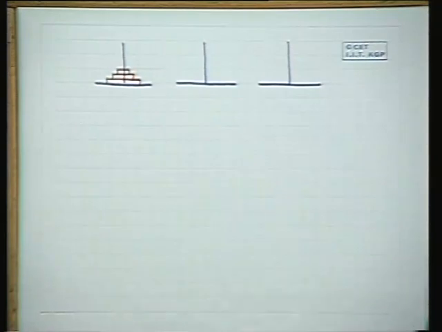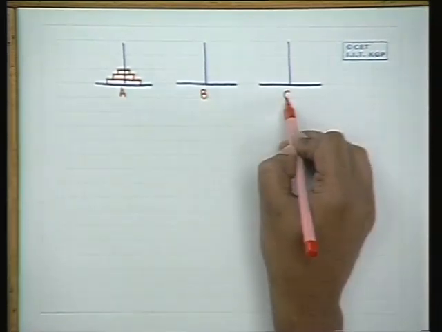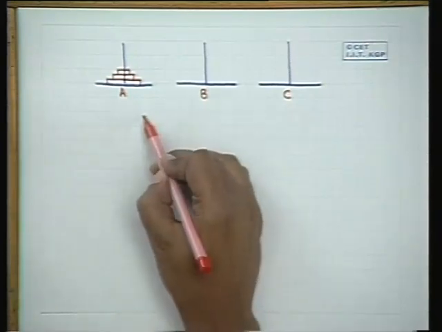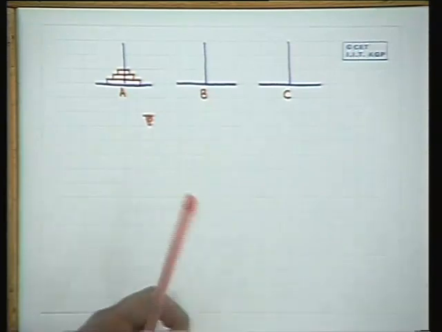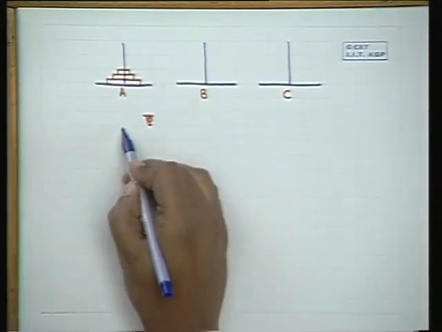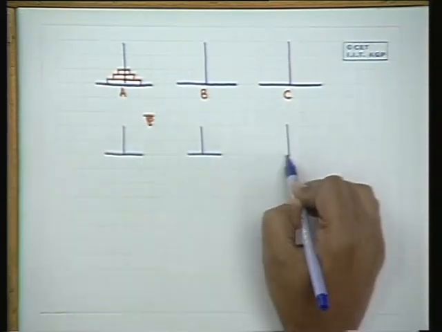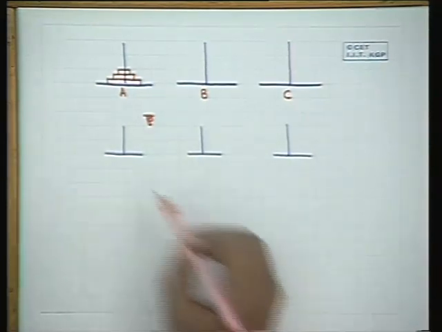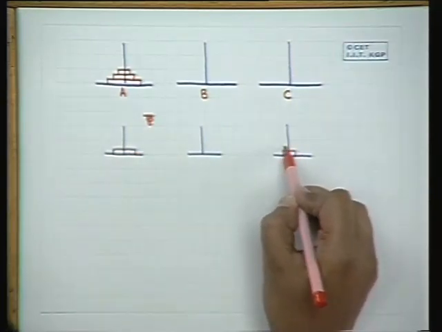This was the original position, A, B, C. So to solve the Tower of Hanoi 3 disk problem, we obtained a configuration first like this. Look, now we are not looking at it element by element. Slowly we are looking at it sub-problem by sub-problem.